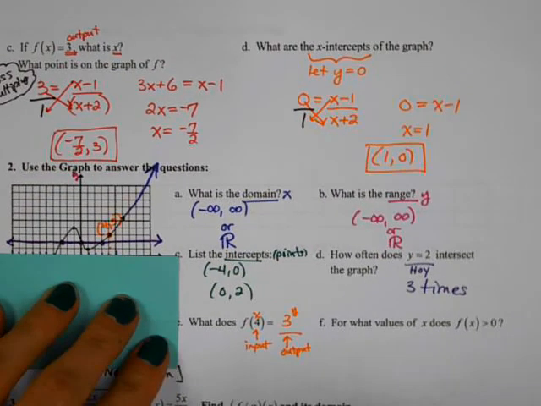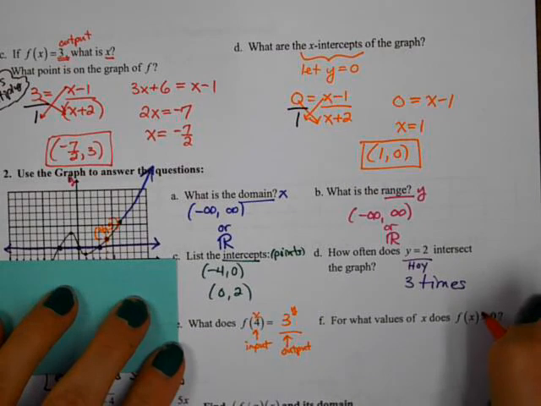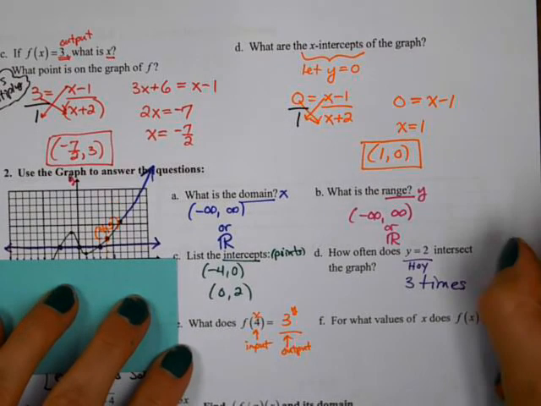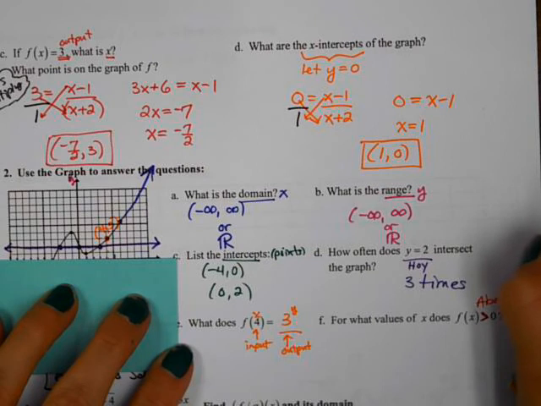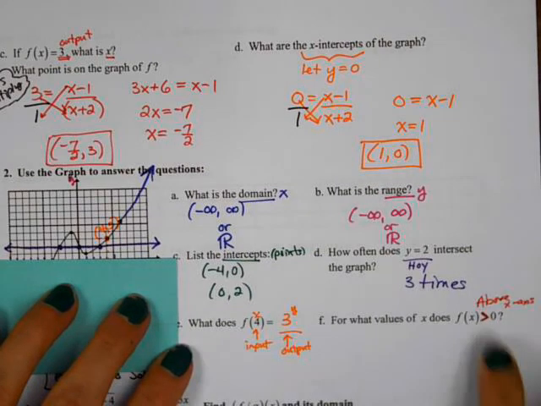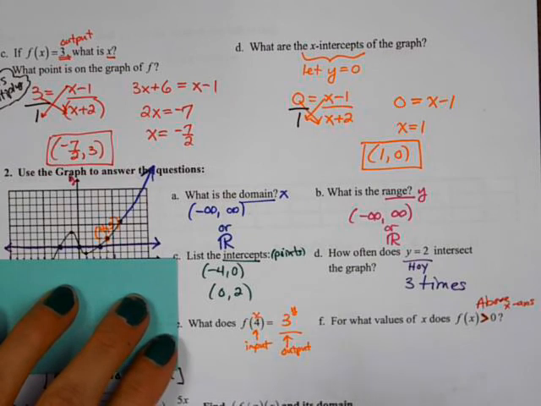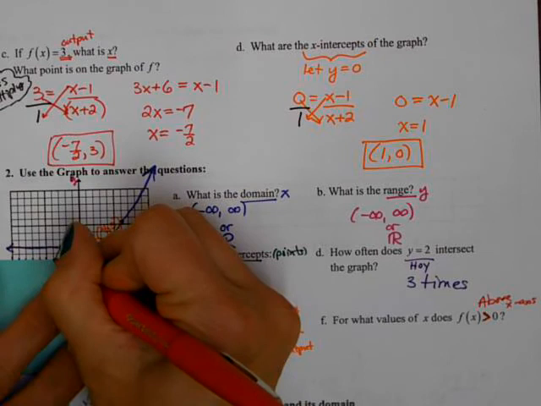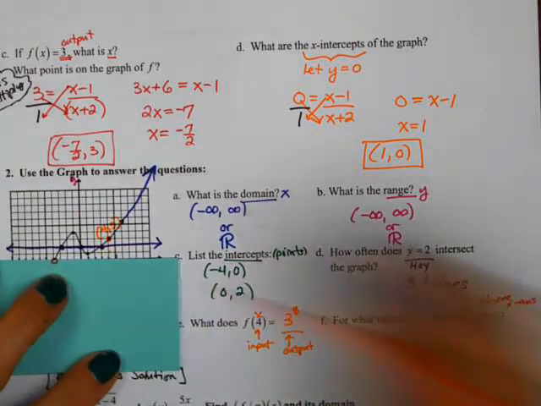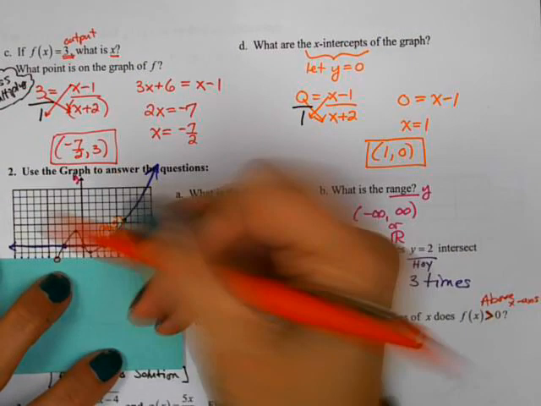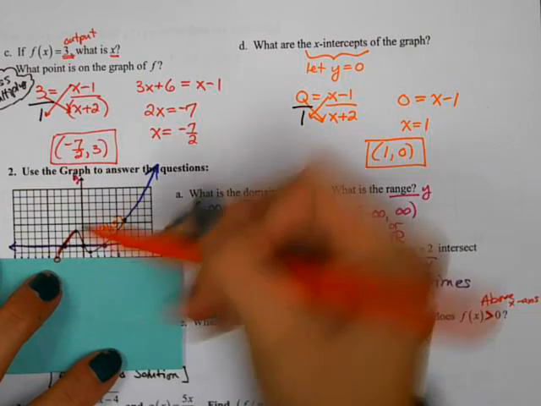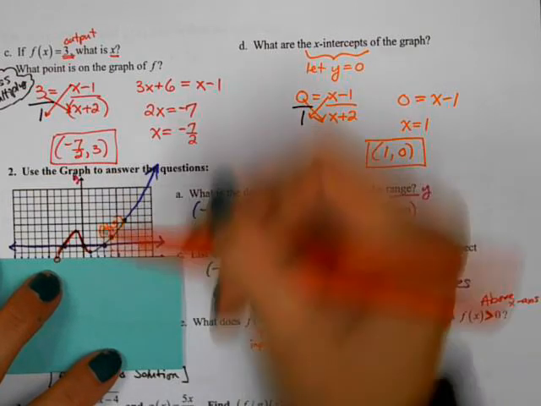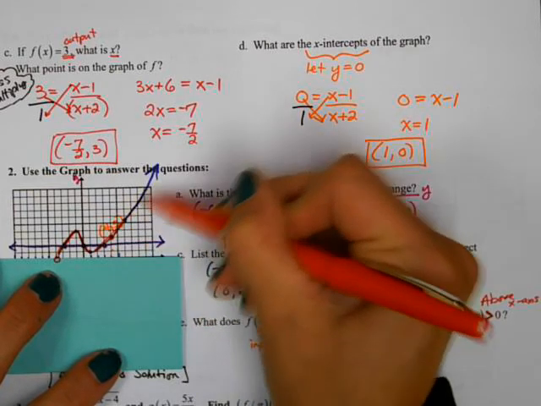Since this says greater, that means above the x-axis, but it doesn't say equal to 0. So right here where we see this x-intercept, I'm going to change that to an open circle. Then I'm going to highlight this for you. This graph is all above, and this graph is all above, and all of this graph is above.